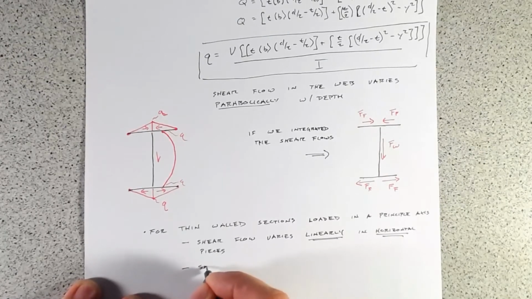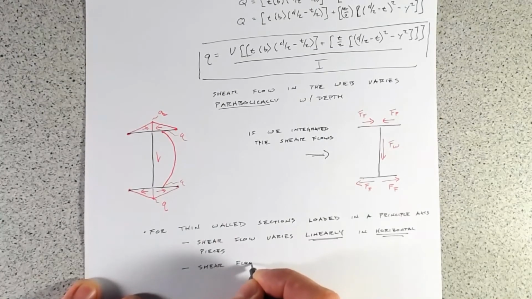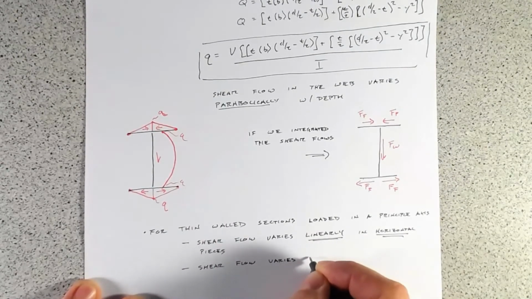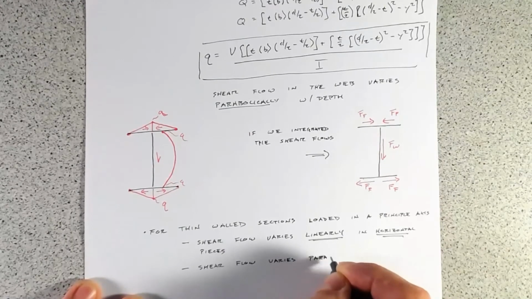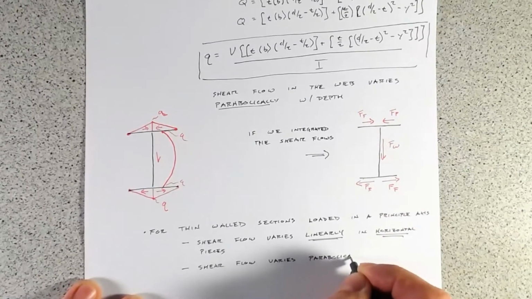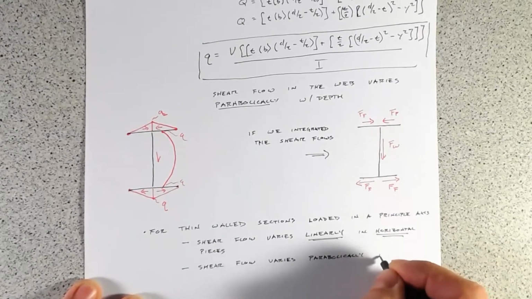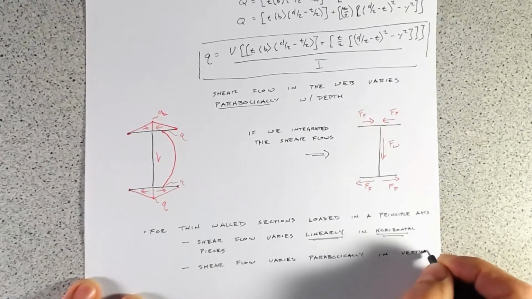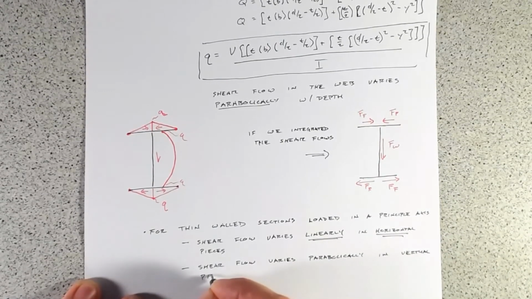And shear flow varies parabolically in vertical pieces.